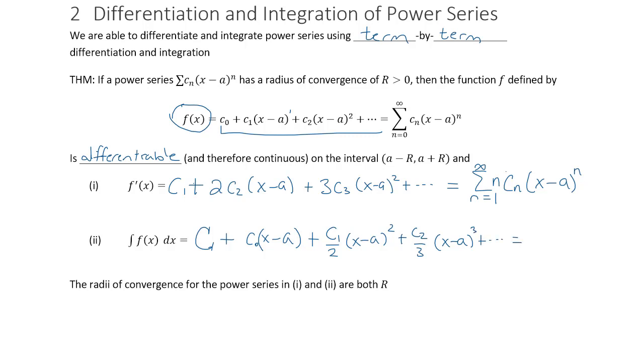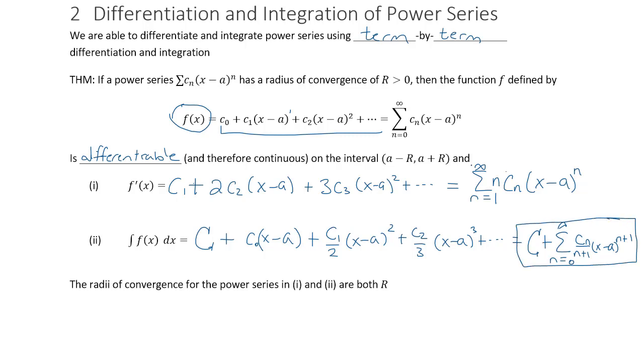So if I write that in summation form, actually, before I even do that, I will write c for the constant of integration plus, now the summation from n equals 0 to infinity of cn over n plus 1 times x minus a to the n plus 1.